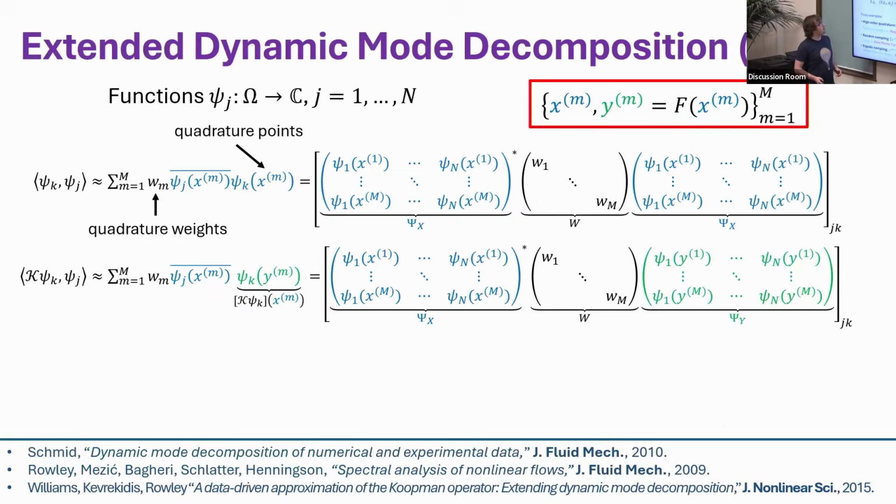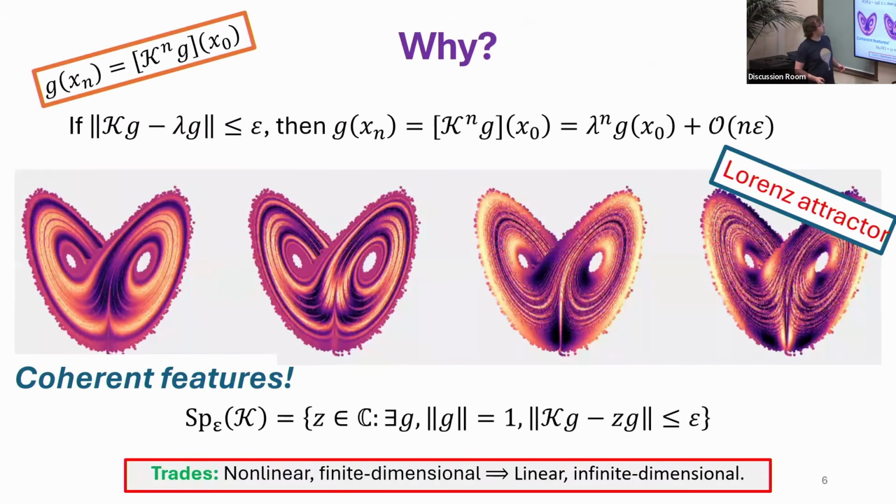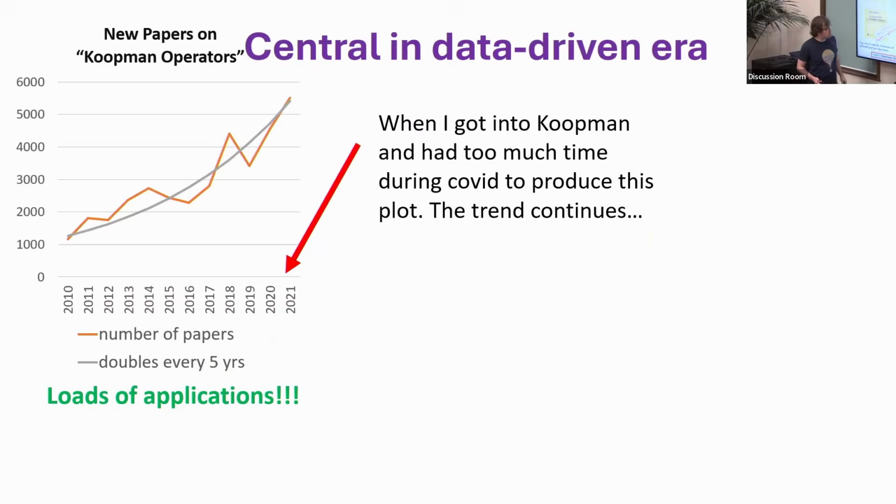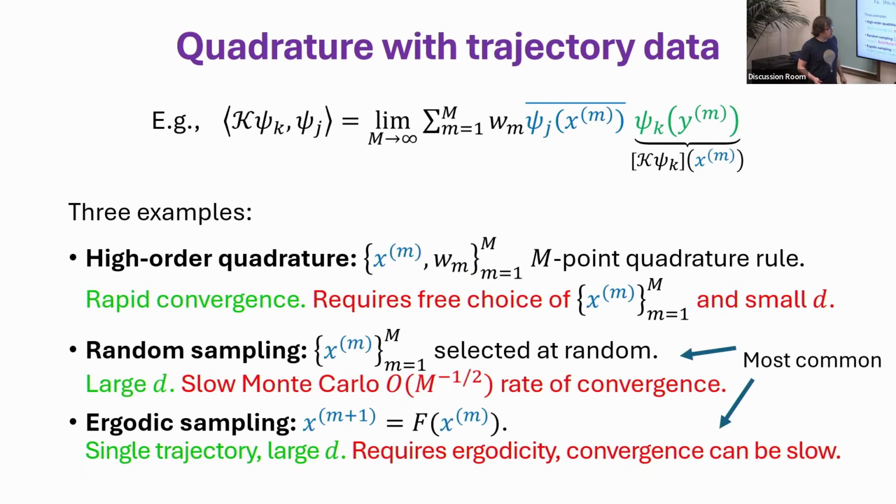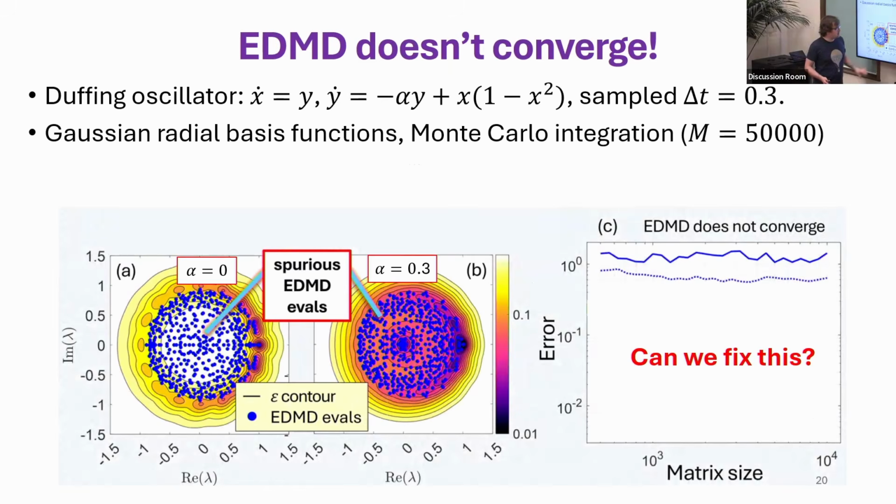If I measure this quantity, it's large for the EDMD approximation. And then you can track the error, the mean of these epsilon contours over the eigenvalues, as the matrix size increases, as you increase the dimension of the subspace.